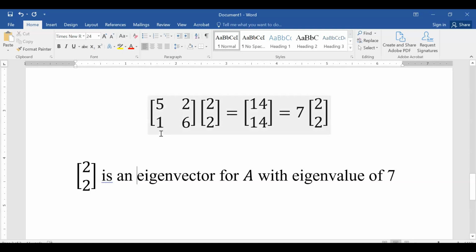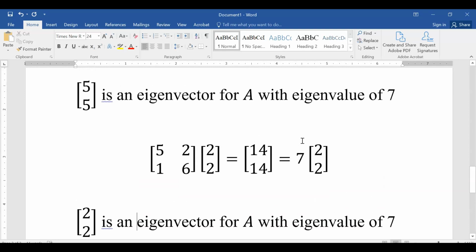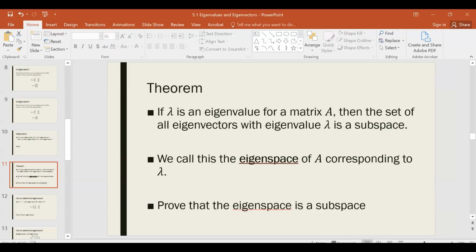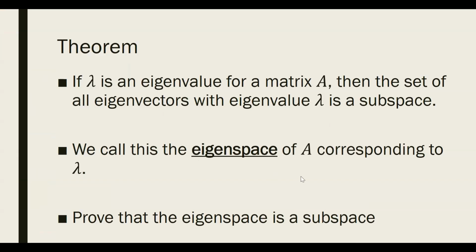So if I give you a matrix and I give you an eigenvalue, there's going to be lots of vectors, hopefully, with the same eigenvalue. That set of all of these vectors is called an eigenspace of the matrix corresponding to eigenvalue lambda.